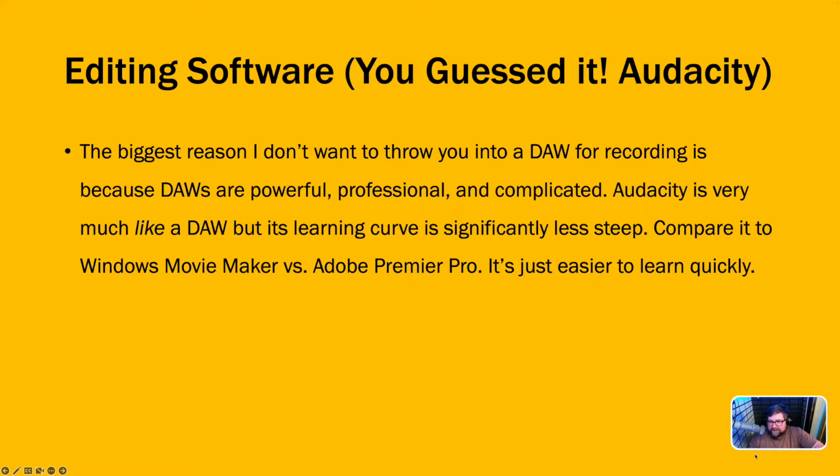I feel like I make a lot of references for people who grew up in the 80s and 90s, but Windows Movie Maker versus Adobe Premiere Pro. One of those, the prior, is just much easier to use and much easier to learn because it's simple. It doesn't have a lot of advanced, wild features that you frankly don't need unless you're a professional audio engineer who needs to know those things, like me.